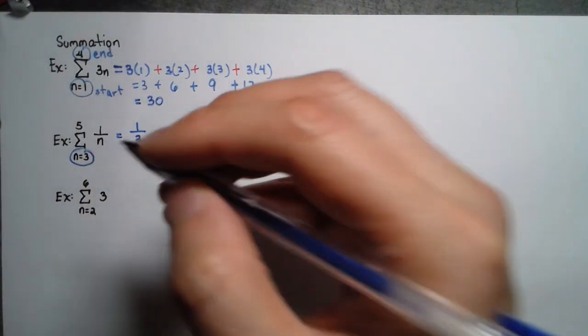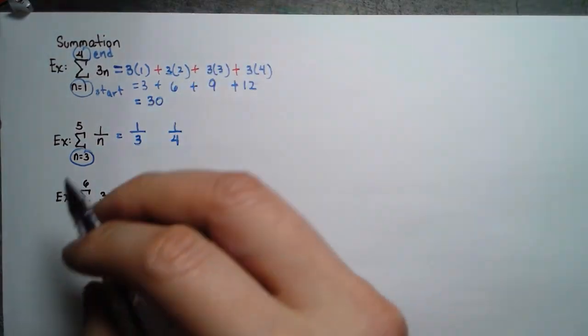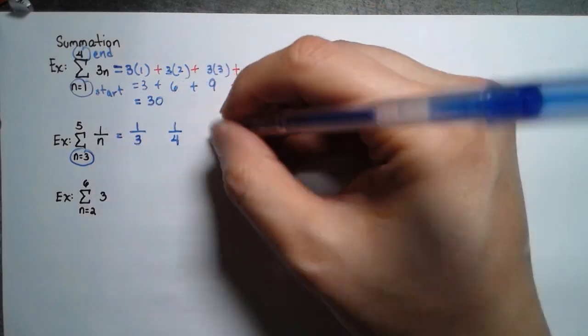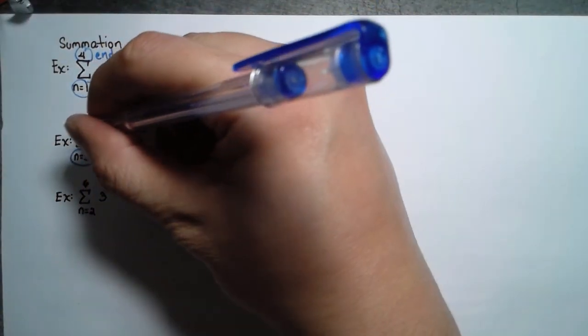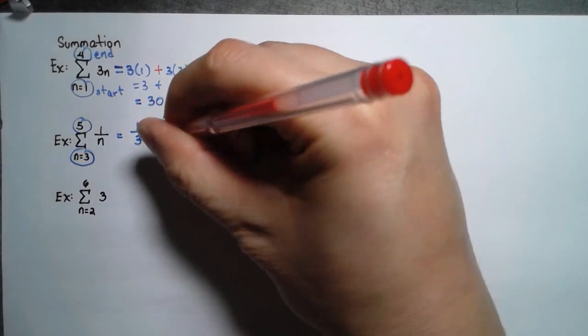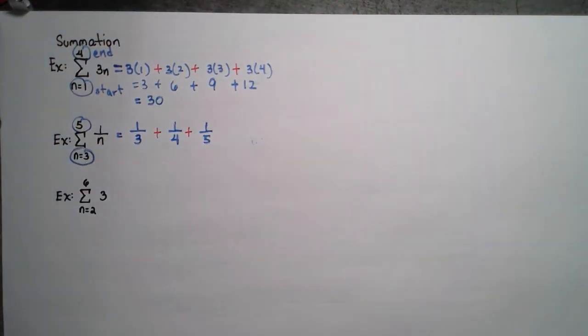We're plugging in 4, so that becomes 1 over 4. Then we plug in the next number, which is 5. So that'll be 1 over 5. And we stop there because that tells us the last number we plug in should be 5. And we're going to add them all up because it does ask me to add them up, based on the word summation.